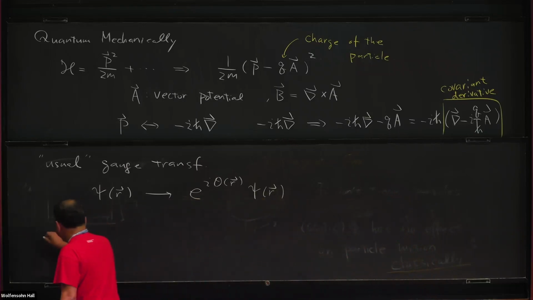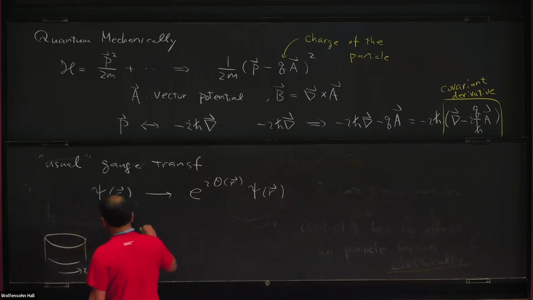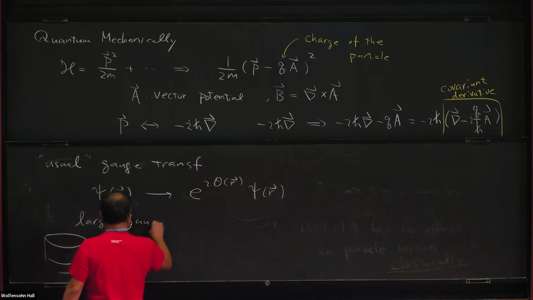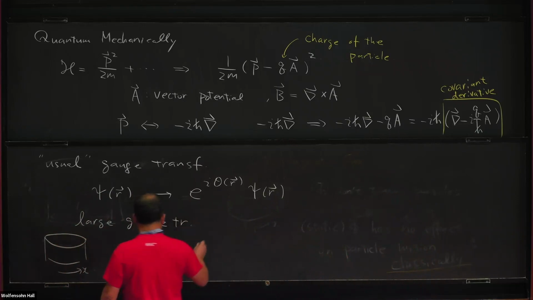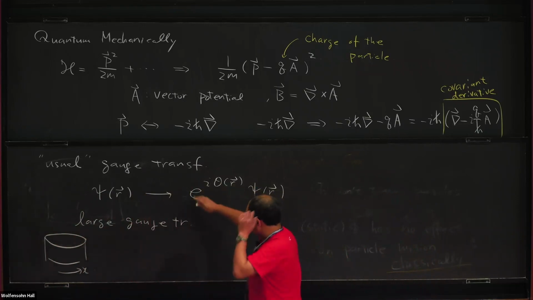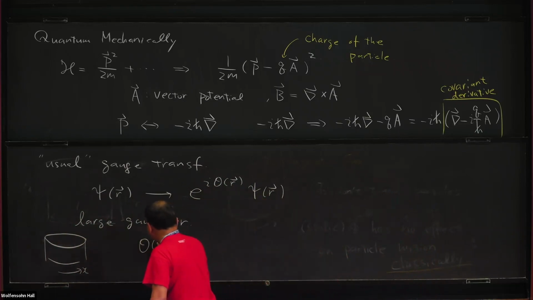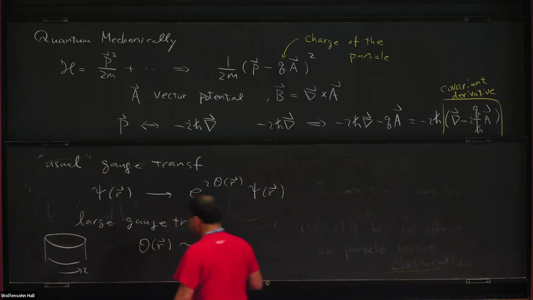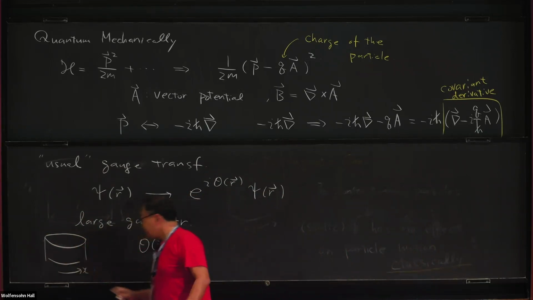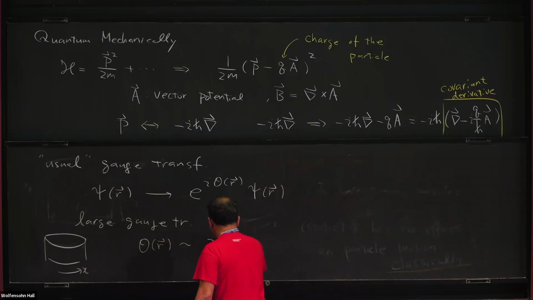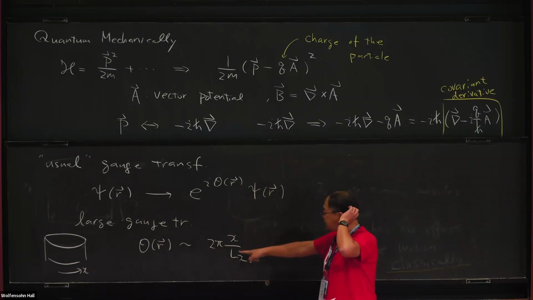That is, when you go around the system, you can write the gauge transformation in this way, but now the phase factor should be proportional to the x coordinate. So this phase factor should be like this.